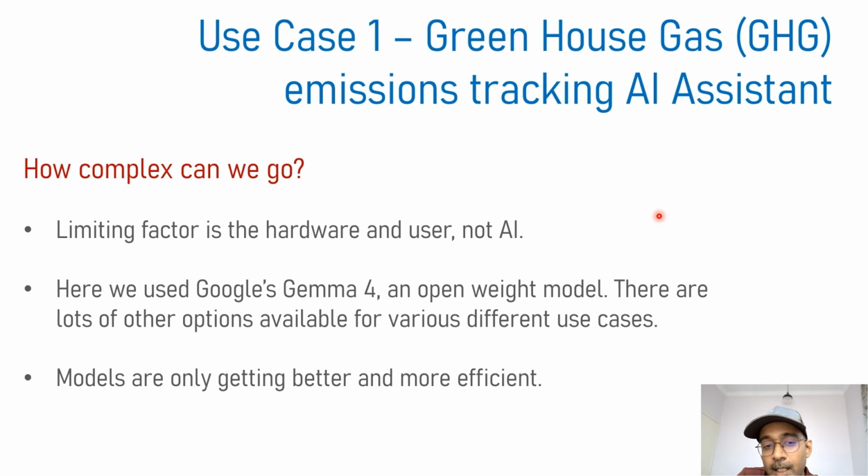And the good thing is, these open weight models, these free models, are only getting better over time. If you compare Gemma 4, it's probably as good as a frontier or top end cloud model was probably 1 or 2 years ago. So now this free open weight model is as good as the cloud models were some time ago.